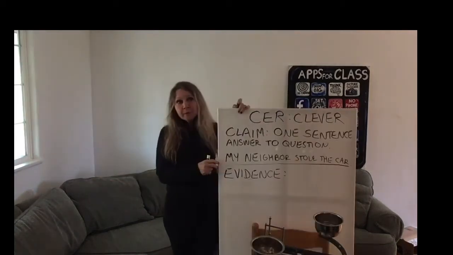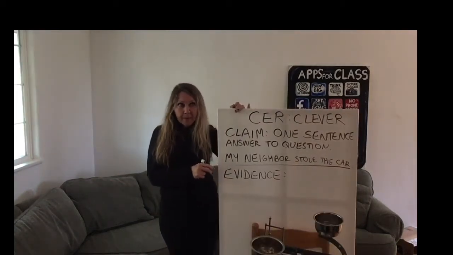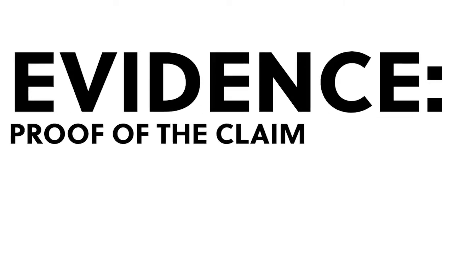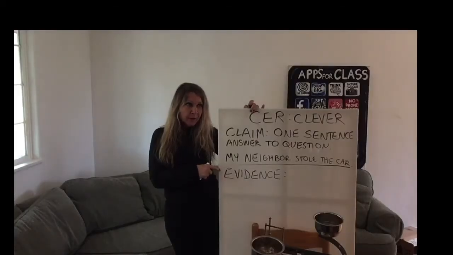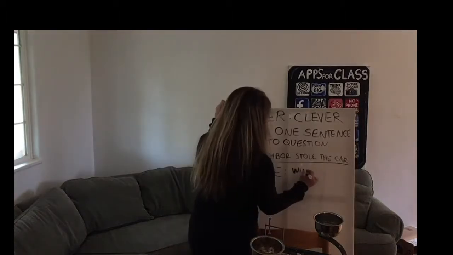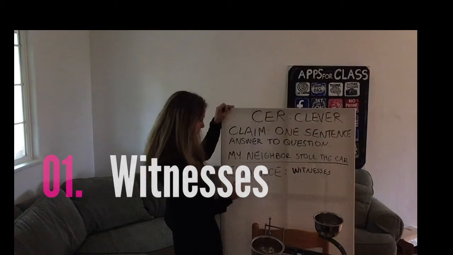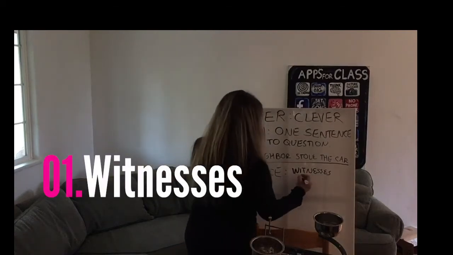Claim normally, well, you think of in criminal cases or just in any case, you're collecting evidence before you make the claim. So generally the evidence comes first. Witnesses told me. So maybe another neighbor says they saw it.